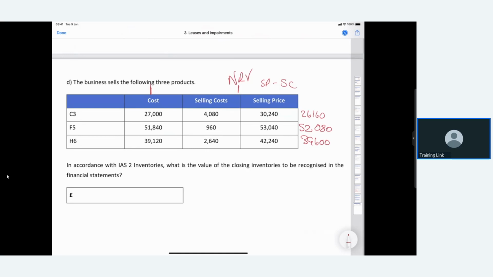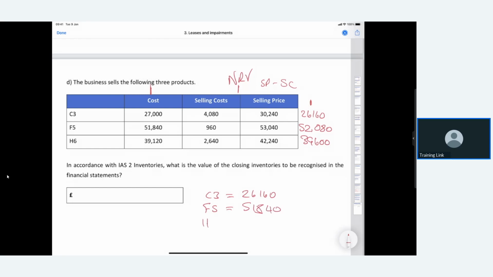So all we want to do now is pick out the lower of the NRV and your cost. So on C3, it would be 26,160. F5 would be 51,840.